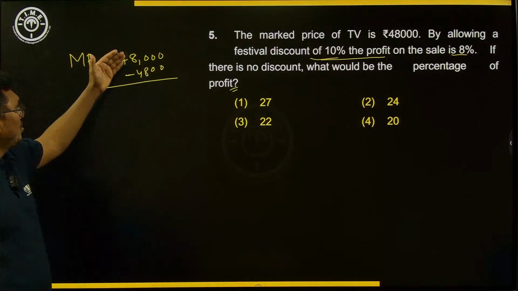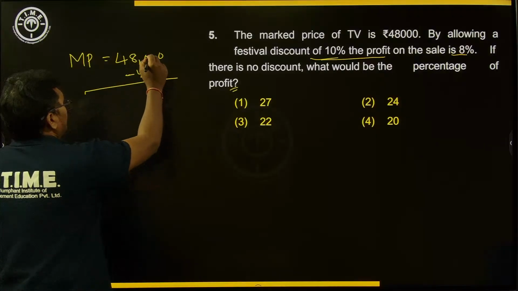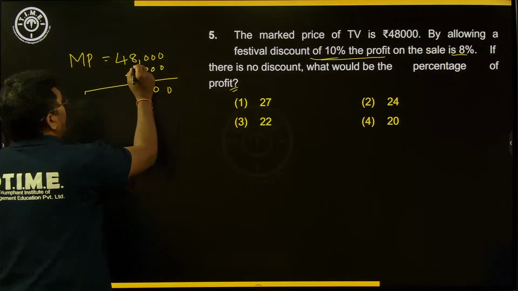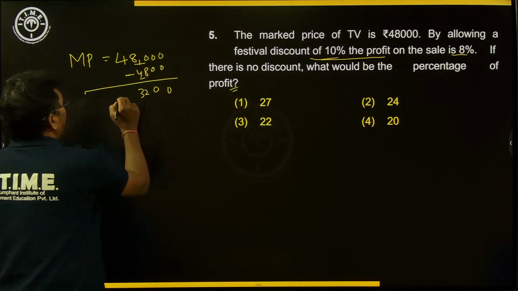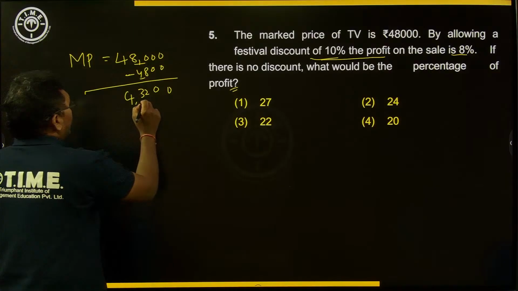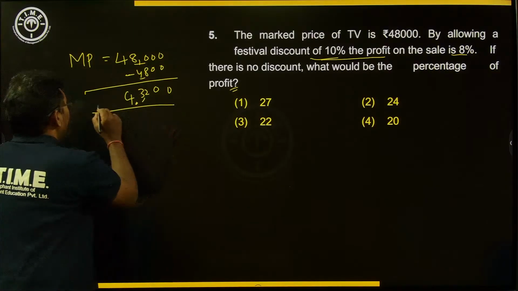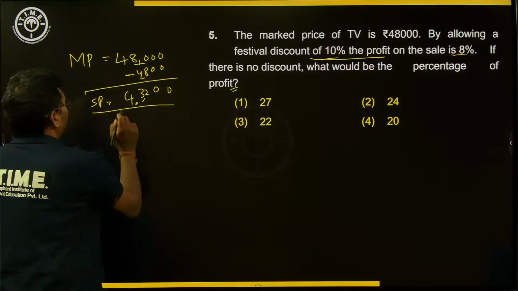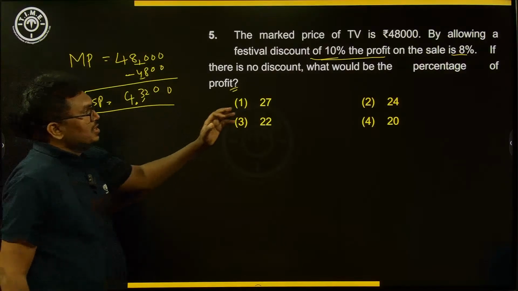Market price minus discount gives the selling price. 48,000 minus 4800 is 43,200. So this is the selling price. So on selling for 43,200, what is the profit?